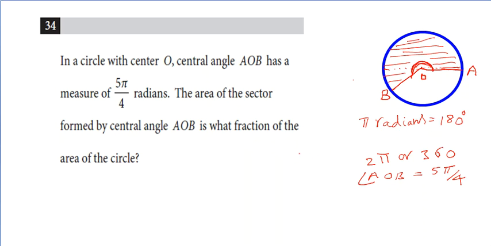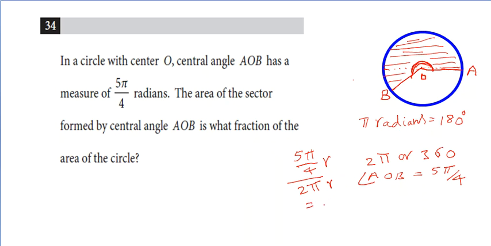The ratio would be the same thing as 5 pi by 4 divided by 2 pi, which is the total angle of the circle. So the ratio would be 5 pi over 4 divided by 2 pi.